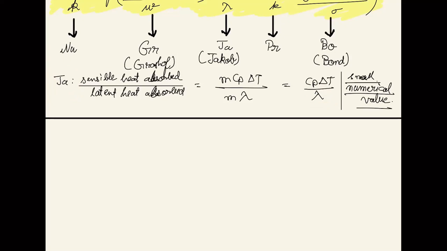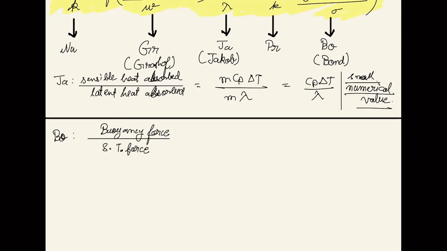All right, let's talk about the second number in the discussion, which was Bond's number. Bond's number is the ratio of buoyancy force to the surface tension force. We saw that there are two forces that play a role for the vapor to get out of the liquid phase.